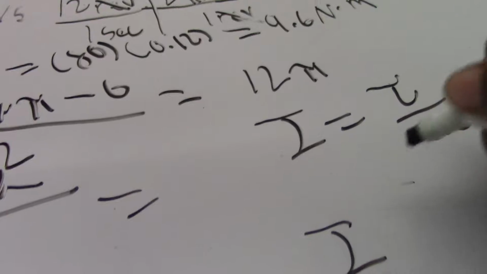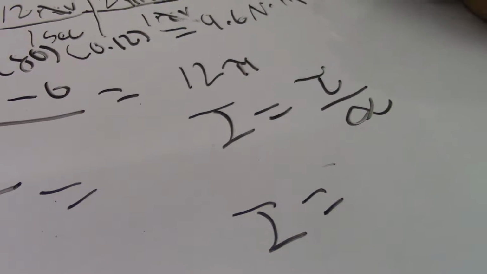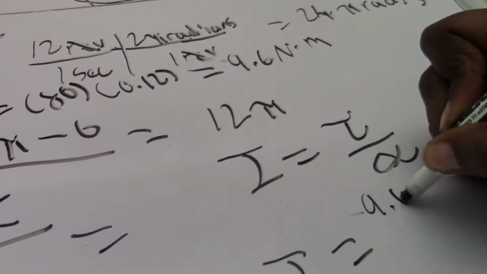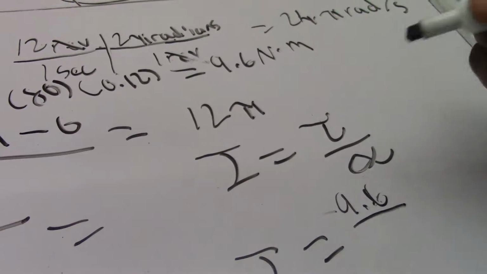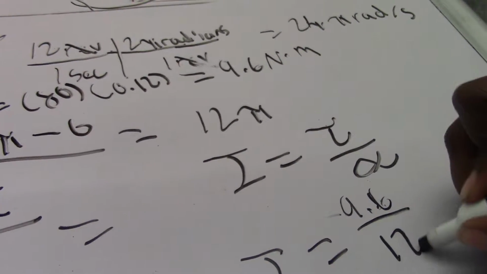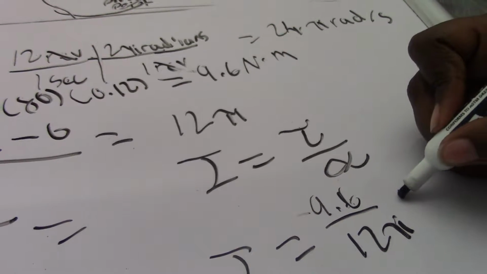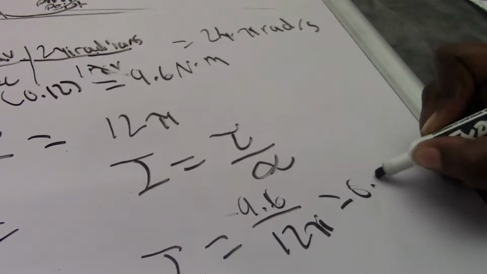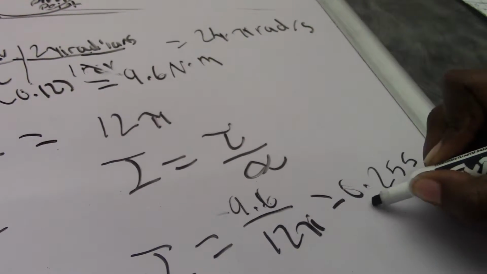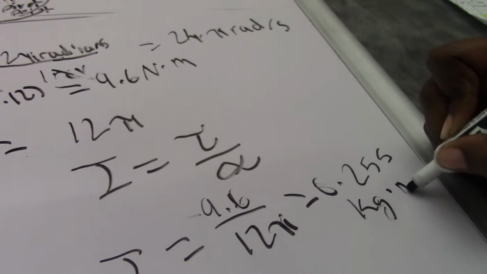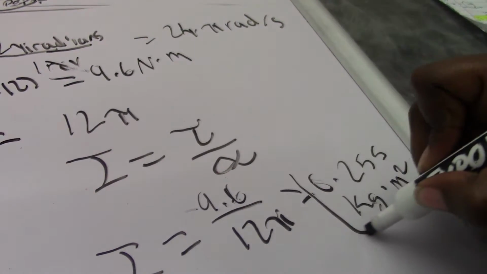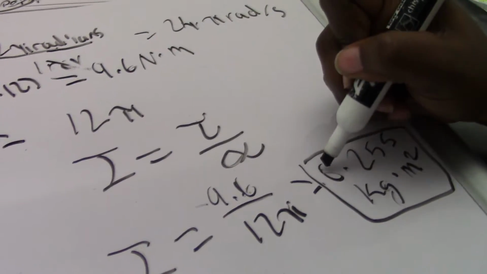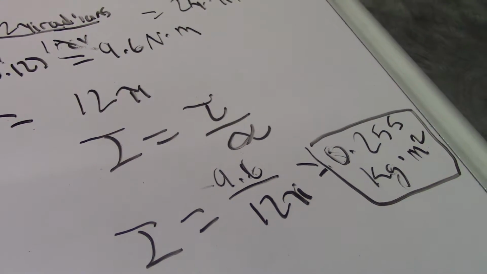So I is equal to 9.6 over 12 pi, which is pretty much 0.255 kilograms times meters squared. And so this is the answer to our problem.